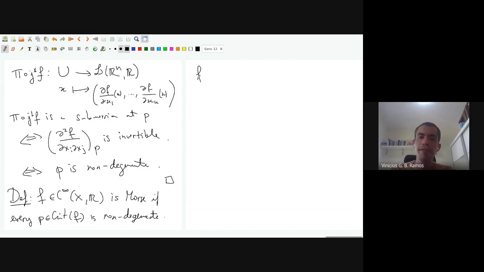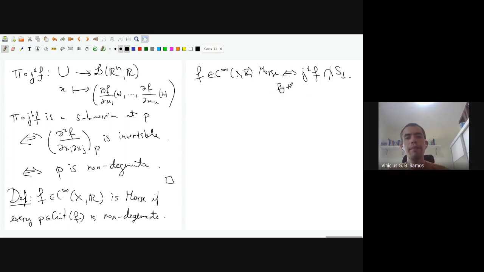So f is Morse if and only if the one jet of f intersects S1 transversely. Right, by the proposition above.